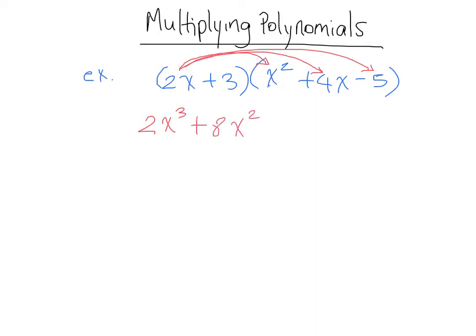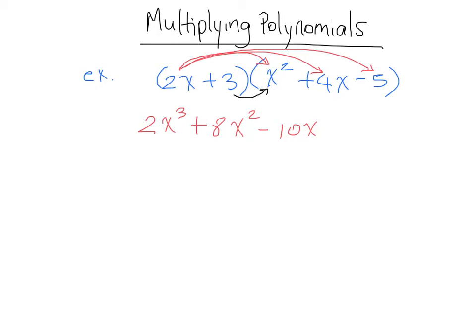And finally, for the red part, we have 2x times negative 5, which gives us negative 10x.